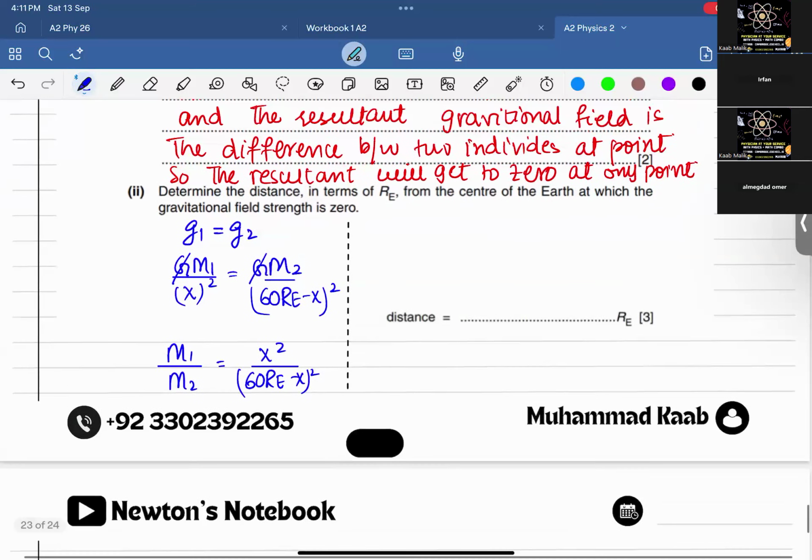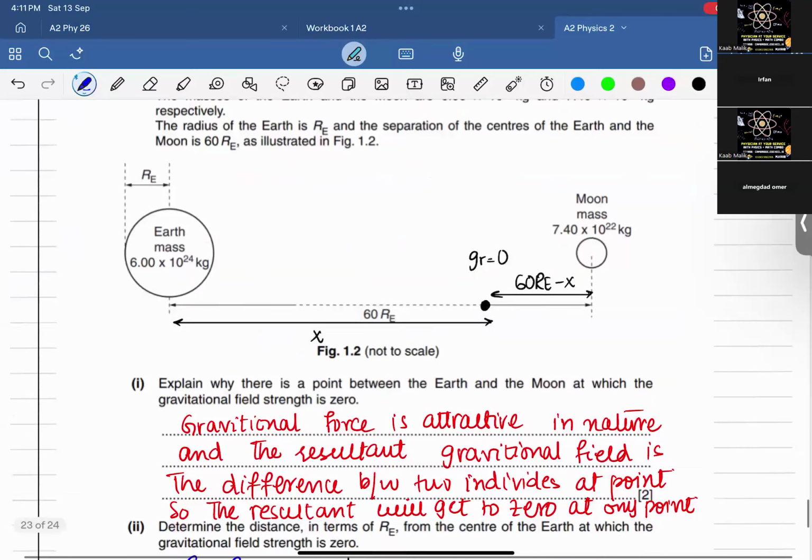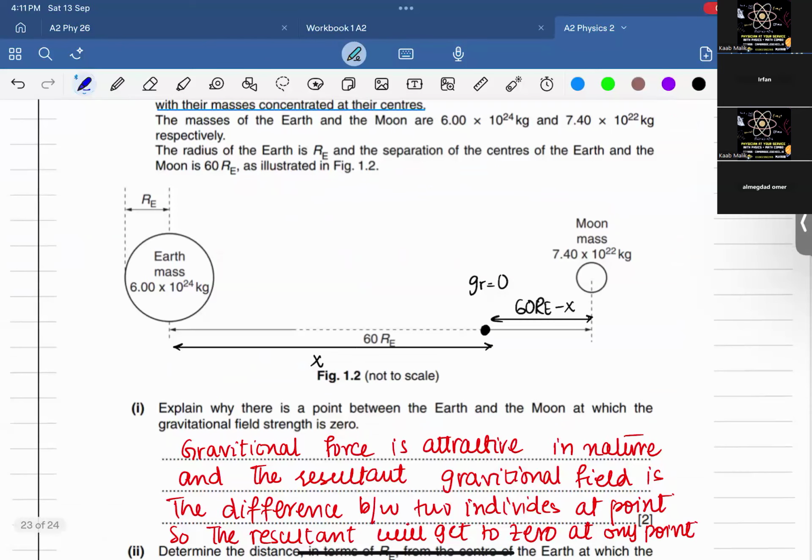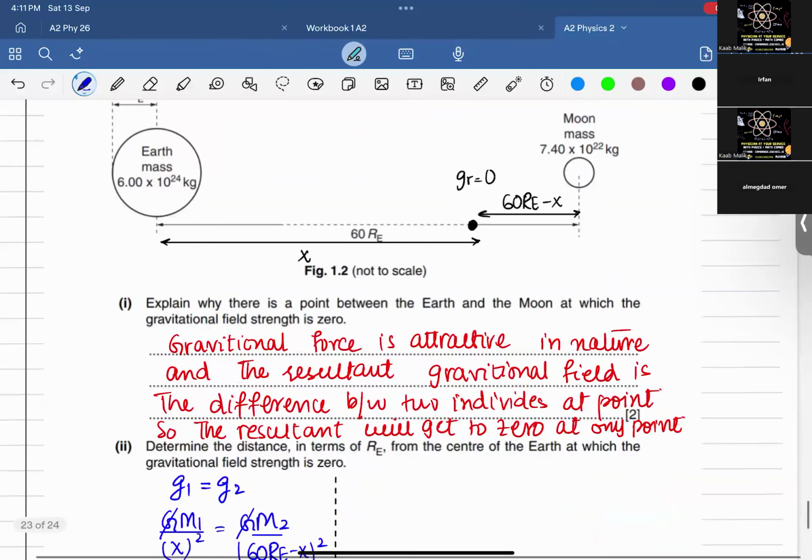Now, if you put in the values, M1 is basically 6 exponent 24, and M2 is 7.4 exponent 22.